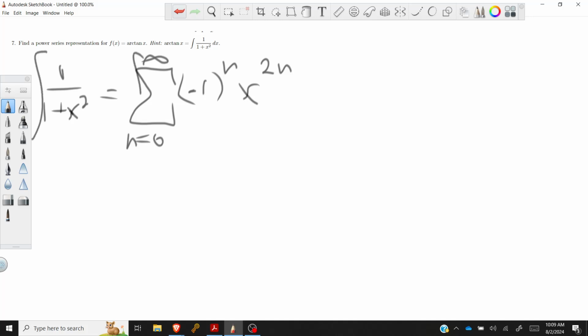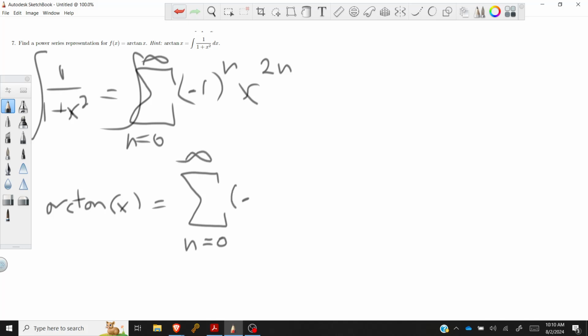Now we're going to integrate both sides. So we get arctan on one side, and this is equal to n equals 0 to infinity of negative 1 to the n, x to the 2n plus 1 over 2n plus 1.